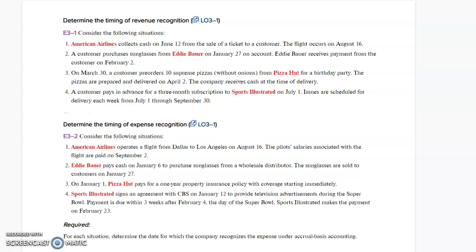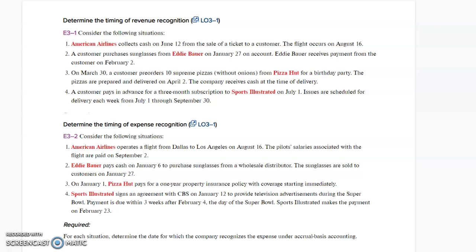So we're going to record salary expense, goes up with a debit. Salaries payable, which is a liability saying the company owes this. Then on September 2nd, when it's paid, then we're going to decrease the cash and decrease the salaries payable.